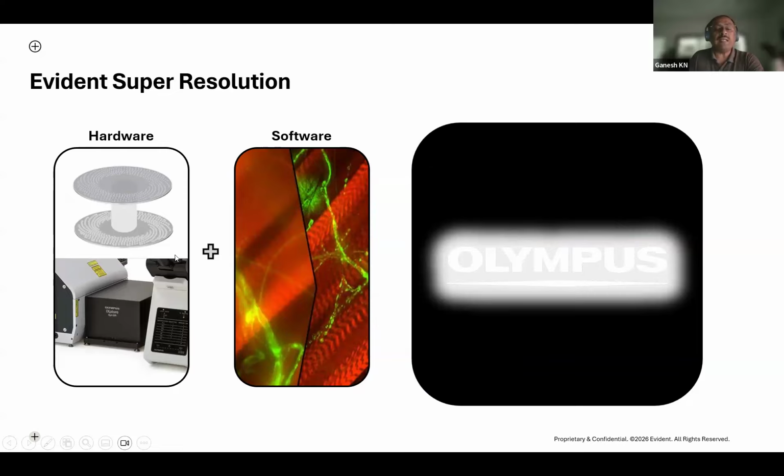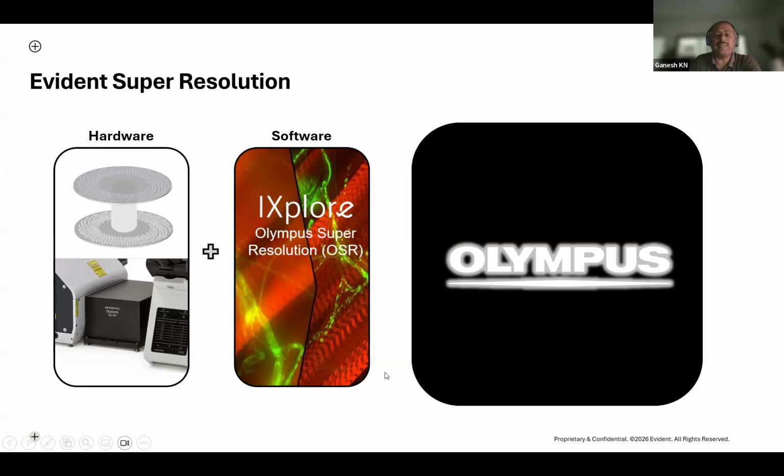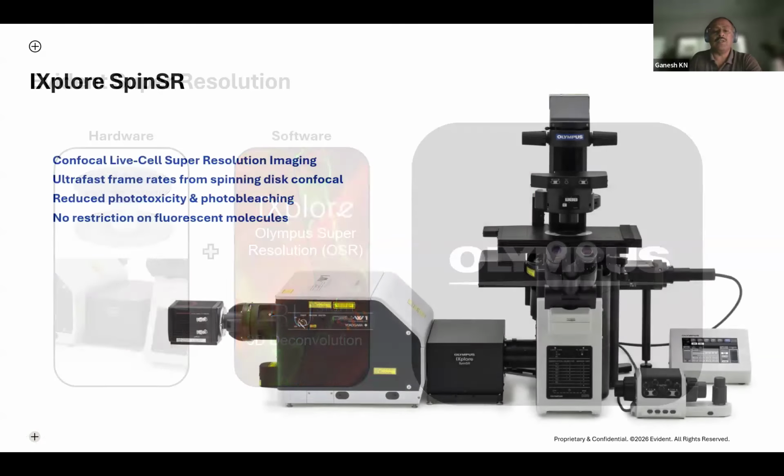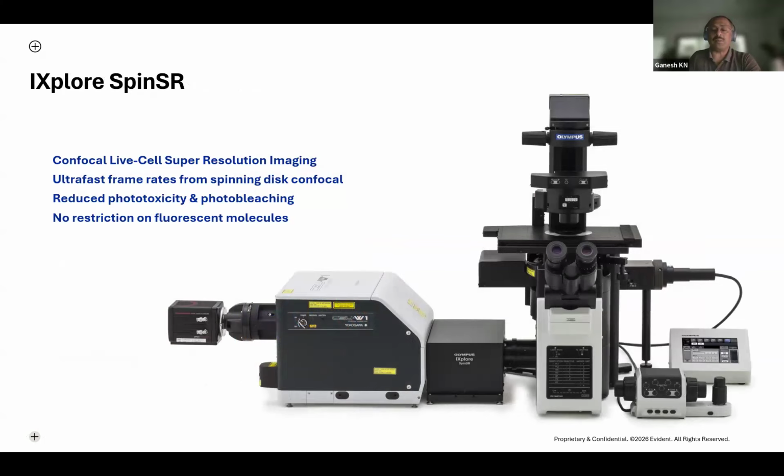And then you can take out the super resolution component and reconstruct an image with the software in real time, which will further improve the resolution and signal to noise. And finally, if you further process post-acquisition, it should give you a resolution of 90 to 100. So there are three different stages where you will be achieving this, but they run in parallel, in real time. So what does a spinning disc confocal microscope look like?